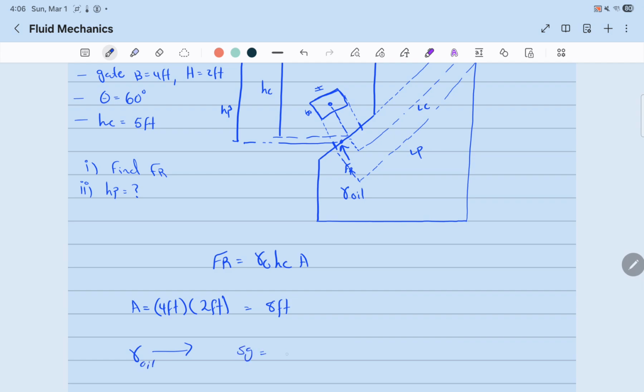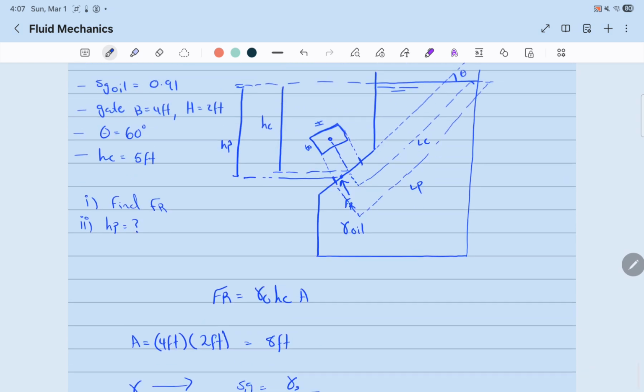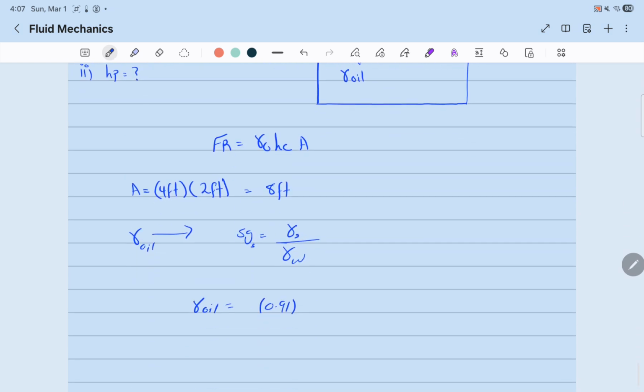The specific weight, we know that SG equals specific weight of a substance over the specific weight of water. Therefore, specific weight of oil will equal 0.91, which is given, times the specific weight of water, which is 62.4 pounds per feet cube. That's for US units.